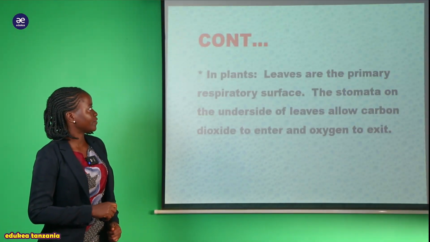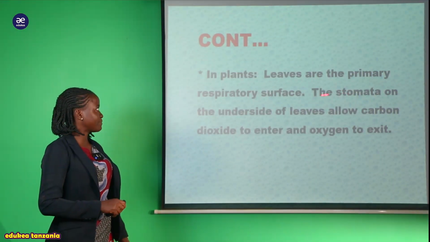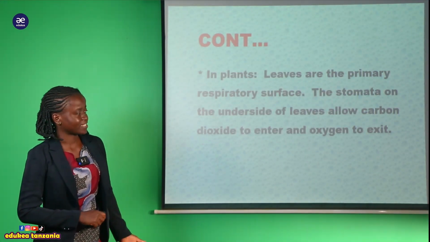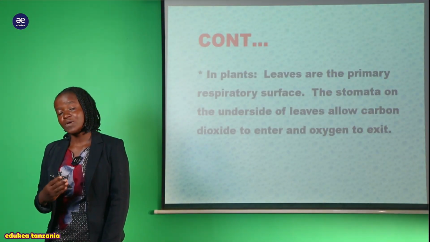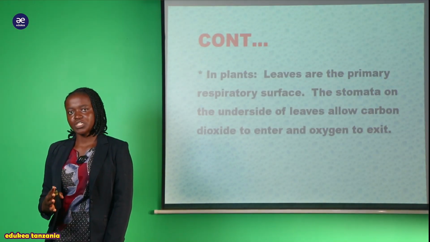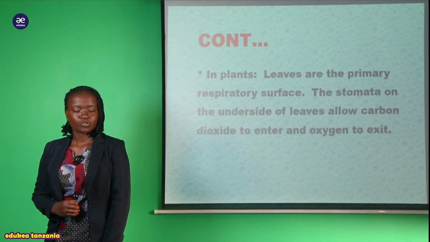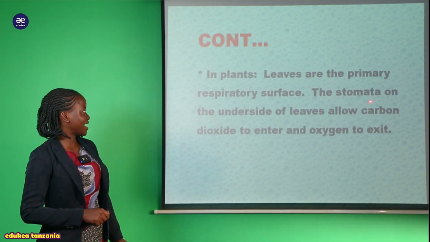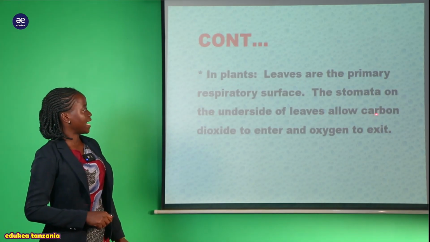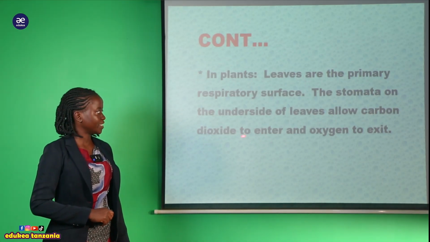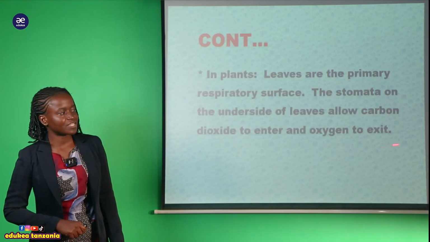Tunasema kwamba within the leaves are primarily the respiratory surface. So within the leaves of a plant is where gaseous exchange occurs. So how? Here we are saying that the stomata on the underside of the leaves allow carbon dioxide to enter, and oxygen to exit.